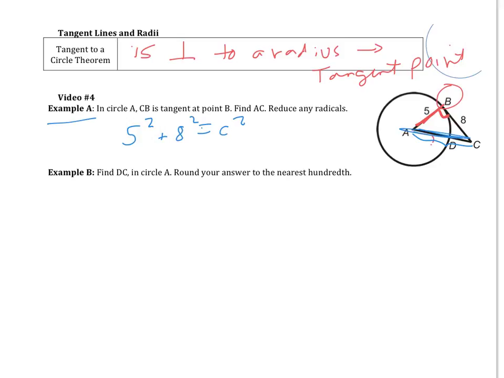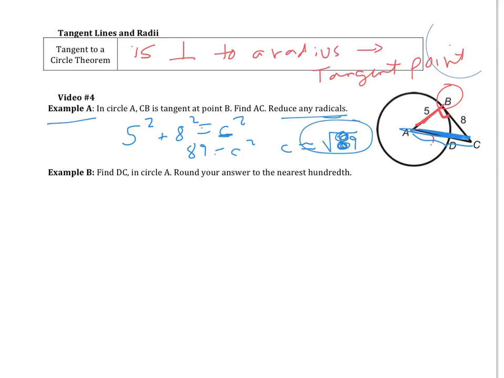This segment they're asking for, of course, is the hypotenuse, so that is the one that's by itself. When I get the math going, I get c squared equals 89, so c is the square root of 89. Reduce any radicals. Can I factor this and make this 89 a little bit nicer number? Actually, if you look, you will not find any other numbers. So this is indeed our final answer.